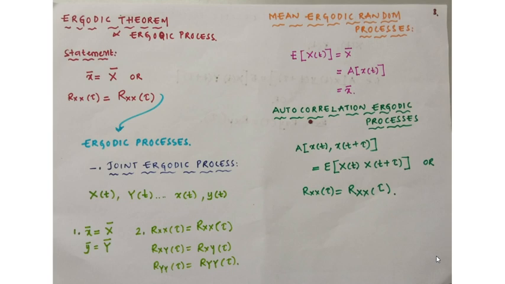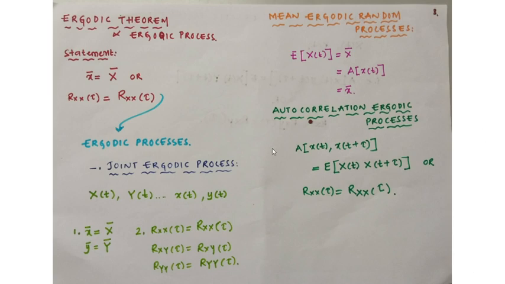I am going to explain this ergodic process or ergodic theorem so that you are able to attend all the things which are going to be there in the exam on ergodic processes. The ergodic process is nothing but, sometimes we can call this the ergodic theorem also.